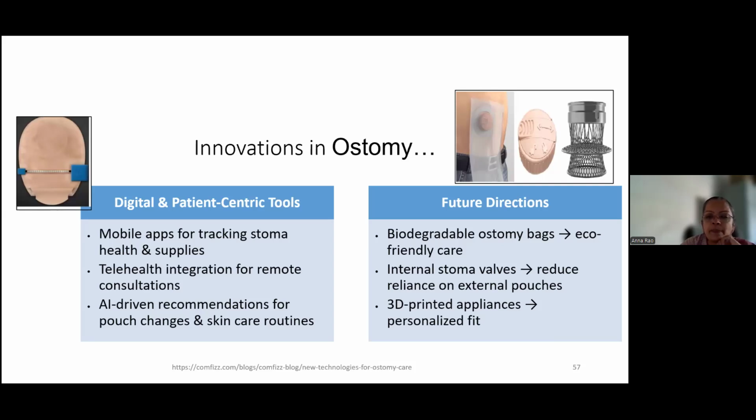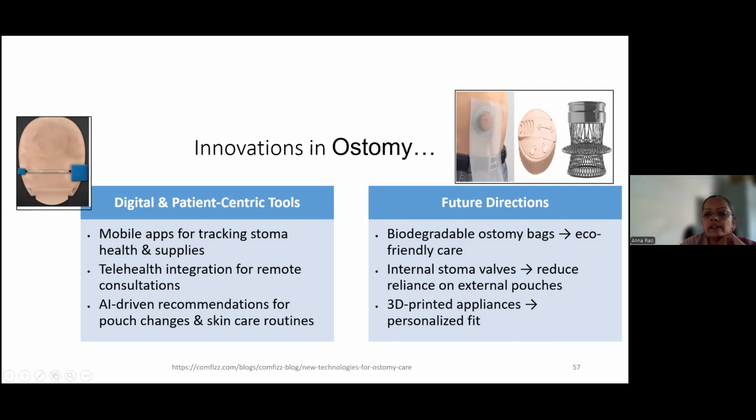Mobile apps are there to track stoma health and supplies, so it becomes easier. Telehealth is of course available for faraway patients to consult the healthcare team. And biodegradable ostomy bags are also available for eco-friendly care.